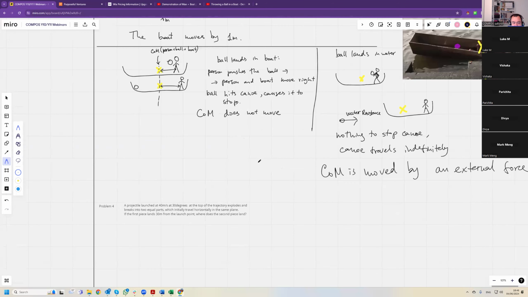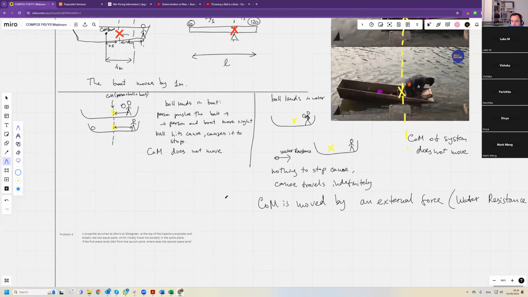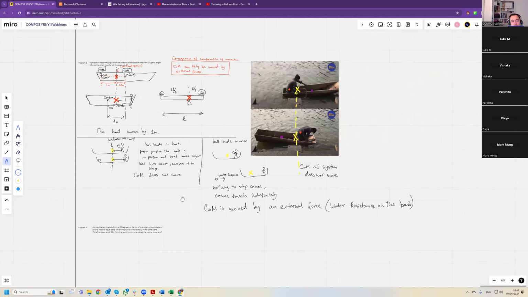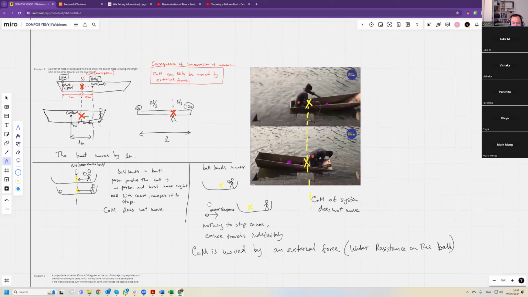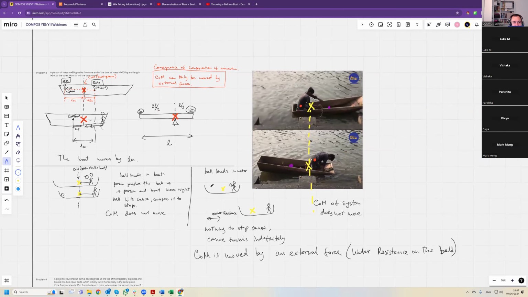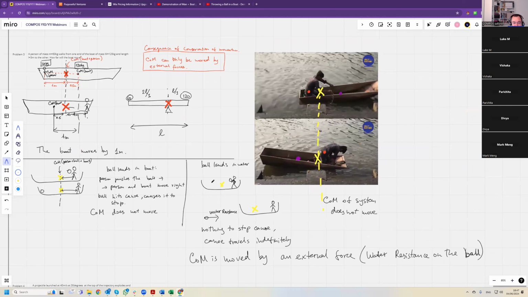All right, so this is talking about center of mass. How well do you understand this statement? Center of mass can only move by external force. On a scale of 0 to 10, please. Okay.